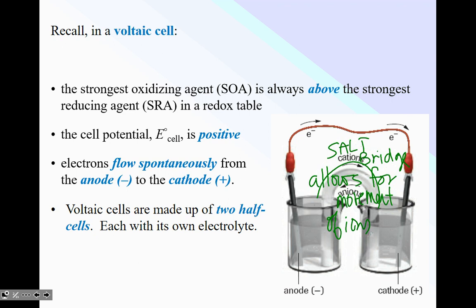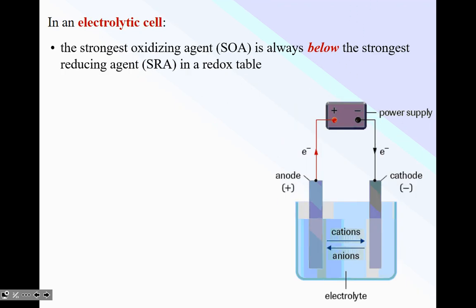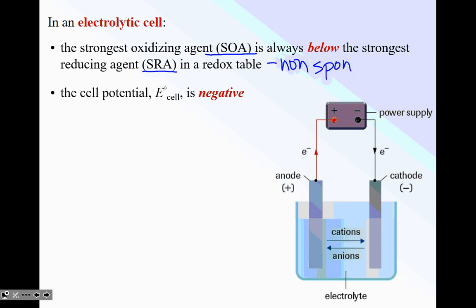Now let's compare that to an electrolytic cell. The strongest oxidizing agent is always below. That's an important difference. So your SOA is below your SRA, which tells us it's not spontaneous, right? It's a non-spontaneous reaction. So what that means is that it doesn't actually happen.